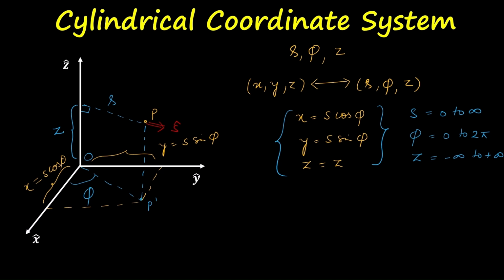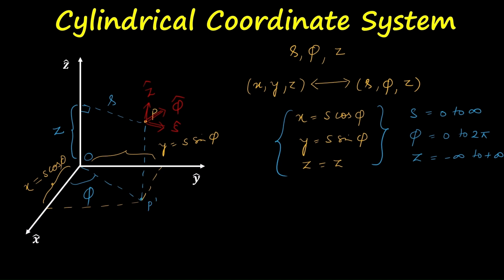And z cap will be the same as in the Cartesian coordinate system. And phi cap, the way we have done in the spherical coordinate system, will be in this direction. This is phi cap. So this s cap, phi cap, and z cap are mutually orthogonal.